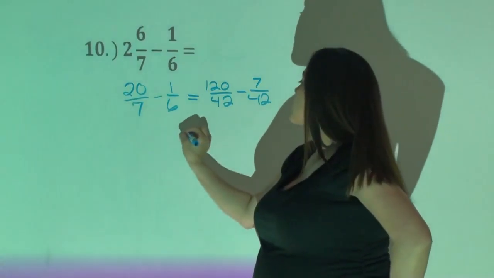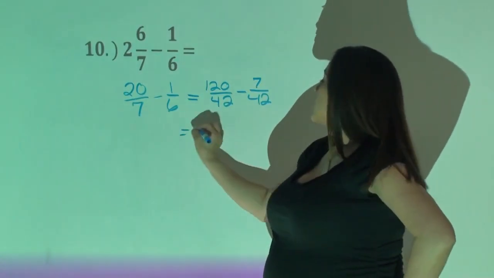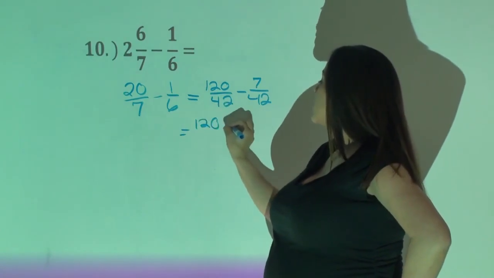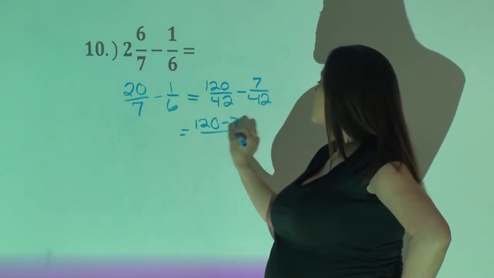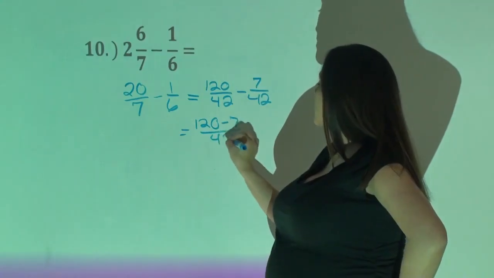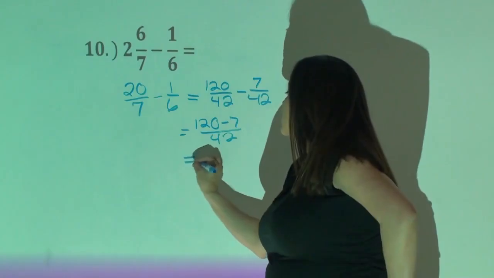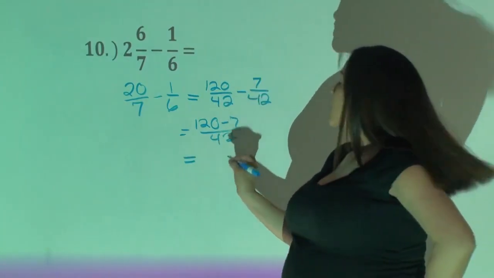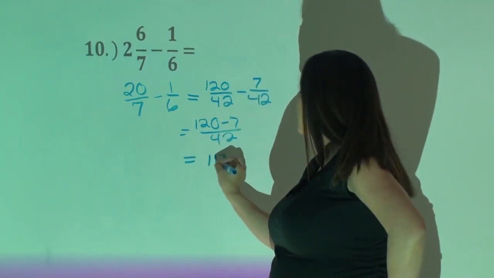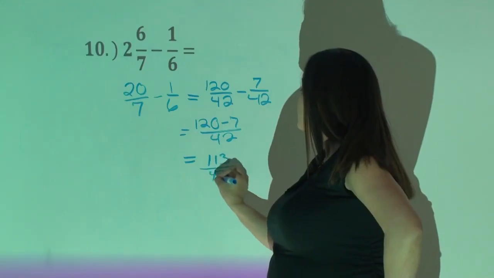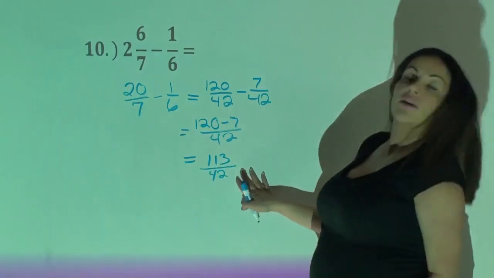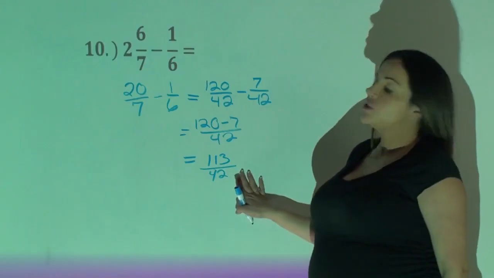Okay? That's going to equal, we're going to put them all on the same fraction now. 120 minus 7 over 42. 120 minus 7 is going to be 113 divided by 42. And now here we have an improper fraction.